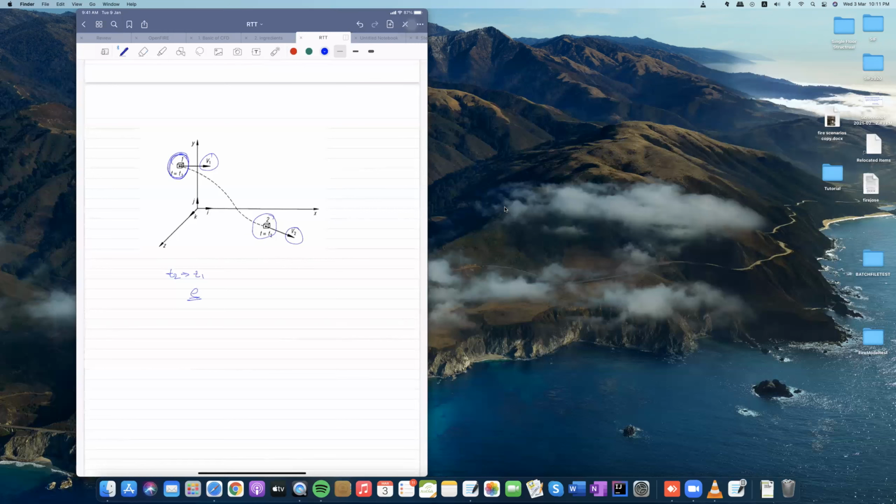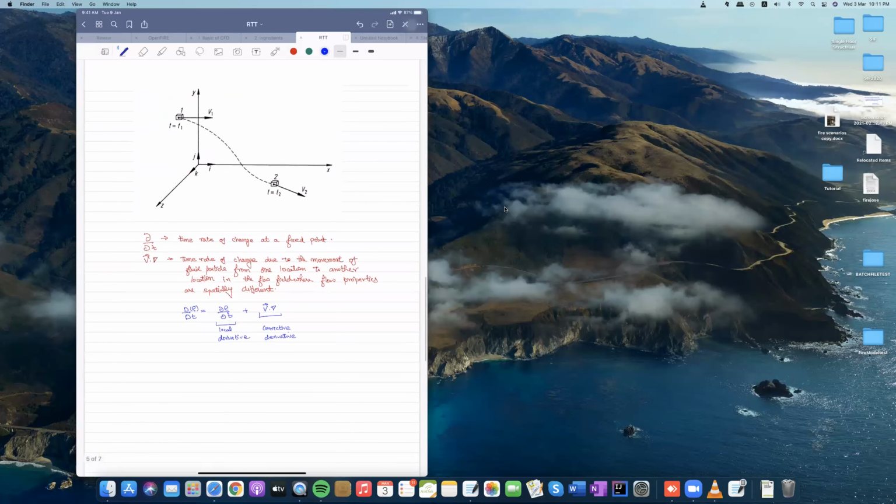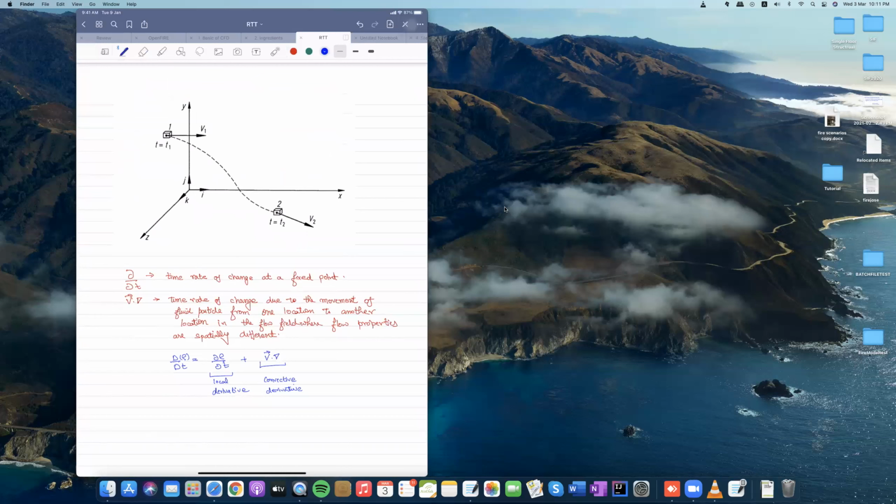But there is another change. When it moves from here to here, the velocity changes from v1 to v2. So it means there is some change because of its location as it moves. So this is the convective derivative. So let's say here, d over dt is the time rate of change at a fixed point, and v dot del is the convective derivative, the time rate of change due to the movement of the fluid particle from one location to another location in the flow field, where the flow properties are spatially different, like v2 is different than v1.